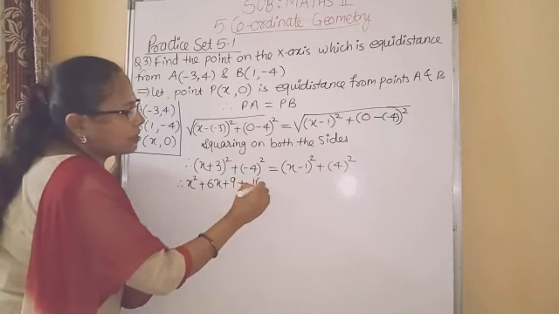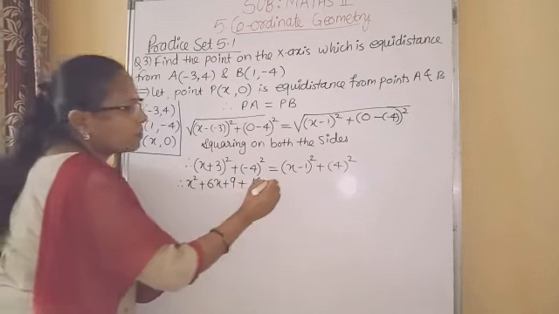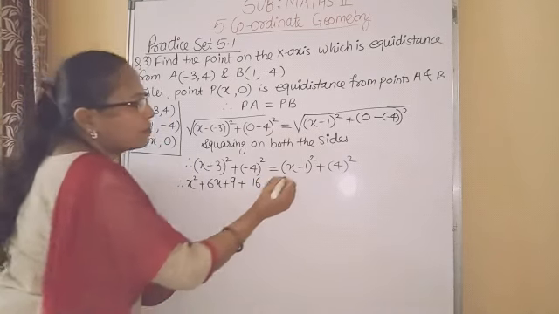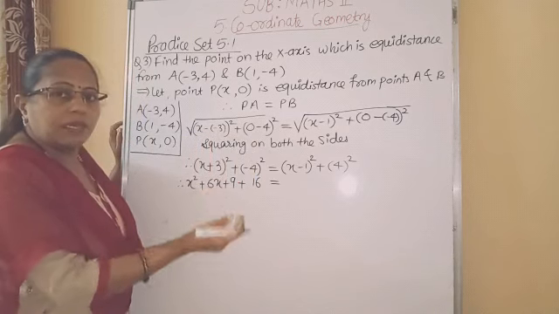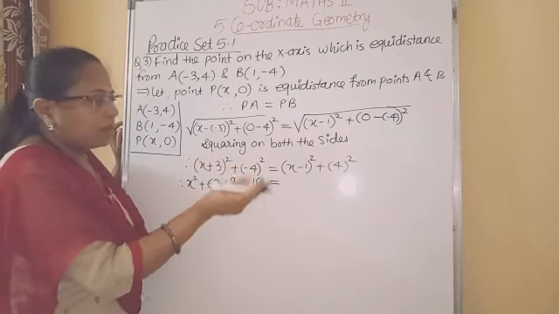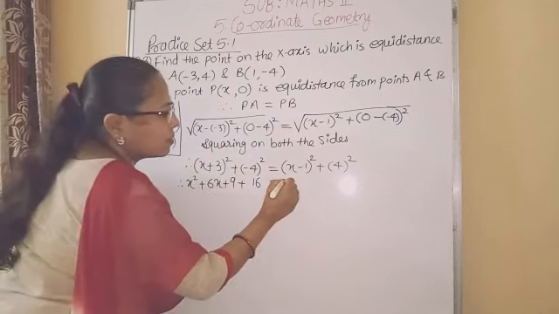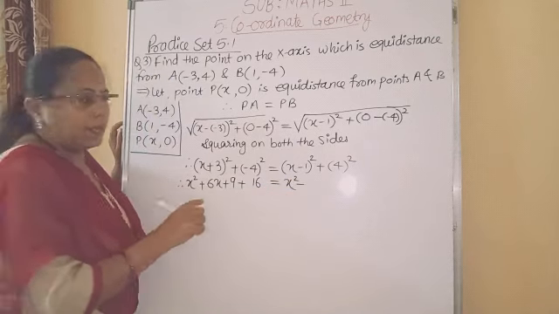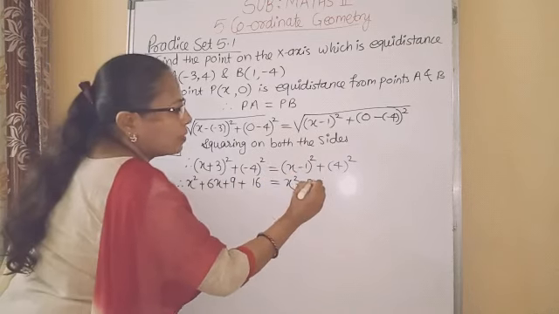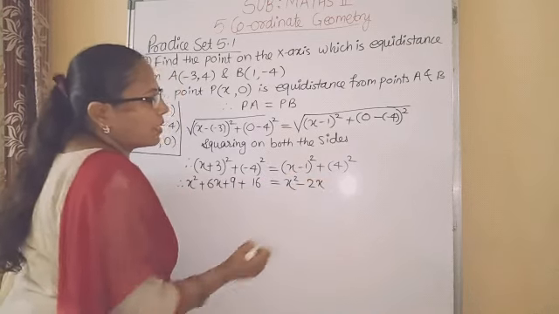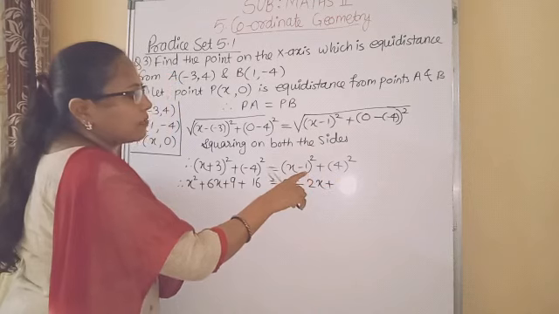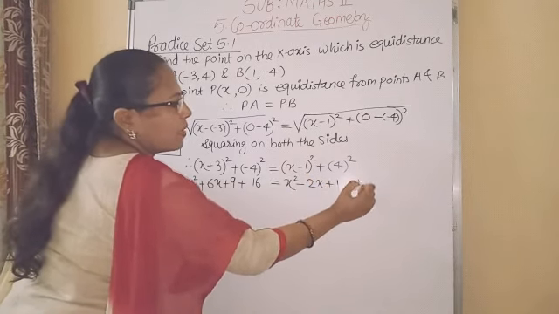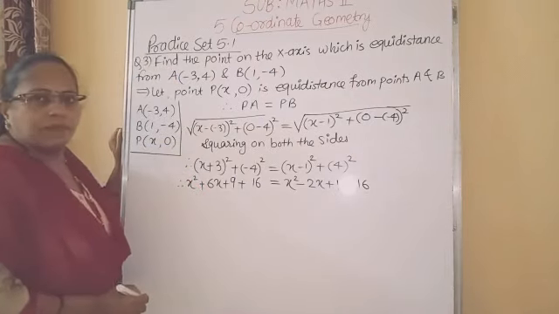Minus 4 square is 16 equal to, here again we will expand the bracket using a minus b the whole square formula. So according to that, a square means x square minus 2ab. So 2 into 1 into x. So 2x plus b square. So plus 1 square is 1 plus 4 square is 16.